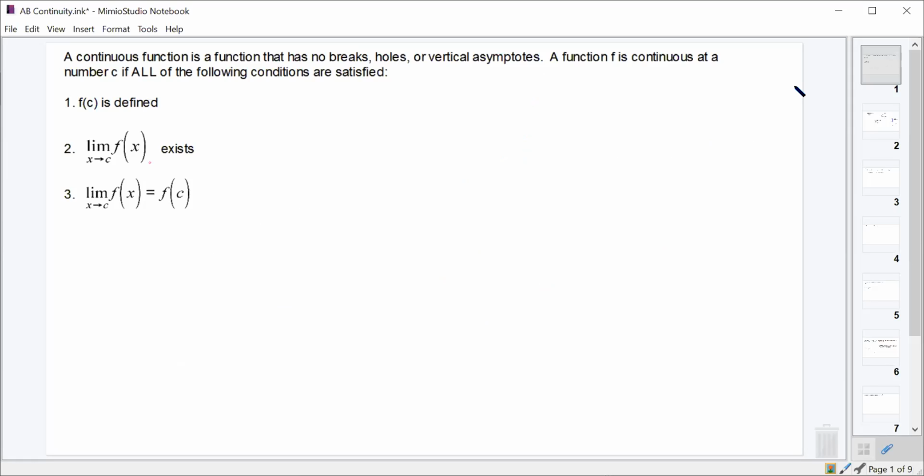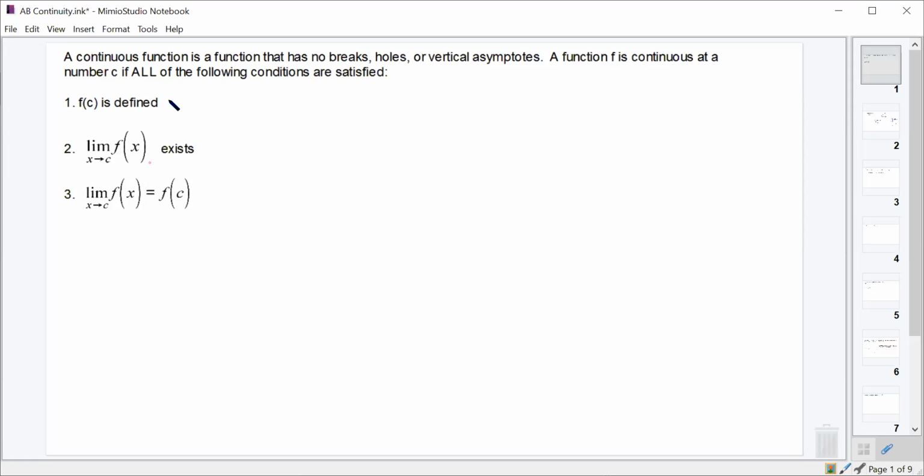But in calculus, the idea of continuity, and specifically whether a function is continuous at a specific point, becomes very important. If we talk about continuity at a point, some point C, there is a very specific definition and a very specific set of things you must show to be true to prove that a function is continuous at a specific value.